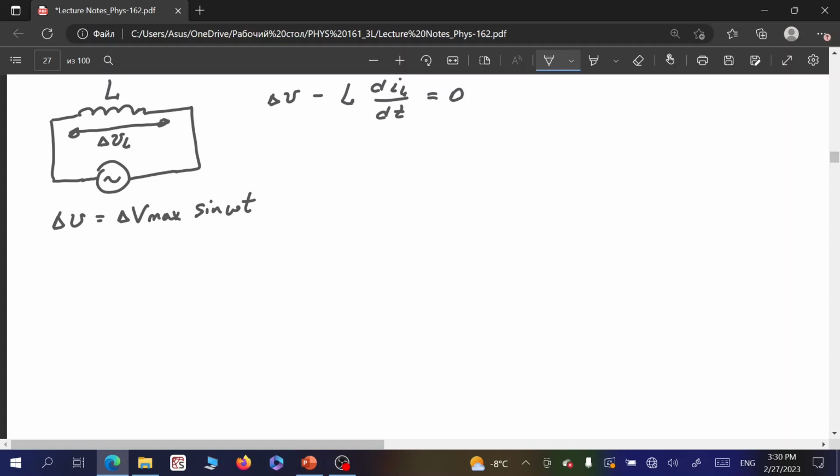So now we know that the voltage delta V can be expressed as L times the first derivative of current over time, and that should be equal to this expression, delta V maximum times sine omega t.